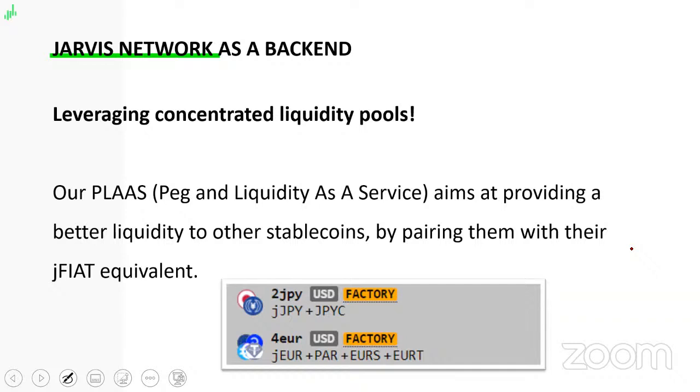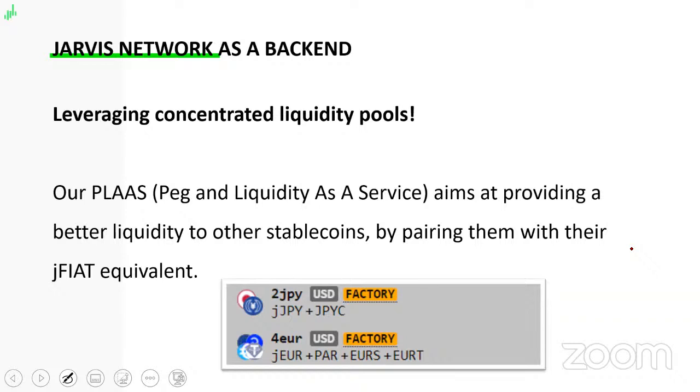Most of the time, they need to create a liquidity pool on Uniswap, and they need market makers to do arbitrage in order to maintain the peg. But arbitrage with real fiat and crypto is slow, it costs money, so you won't have a perfect peg, and this is why non-USD stablecoin doesn't really grow.